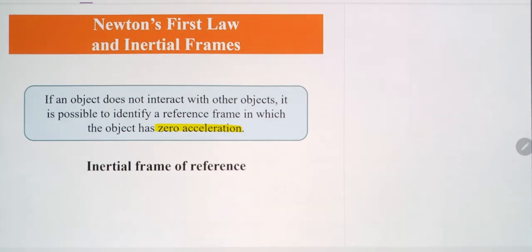So if there is acceleration, you know. But if there is zero acceleration, if you are stationary or going with a constant velocity, you cannot know that you are moving unless you compare with an observer outside your inertial frame of reference. Net force must be equal to 0 on your frame of reference.